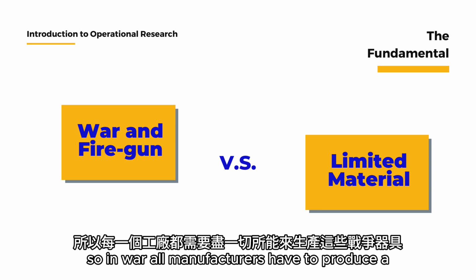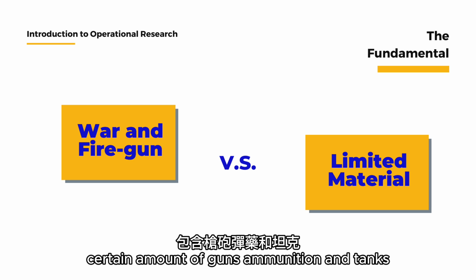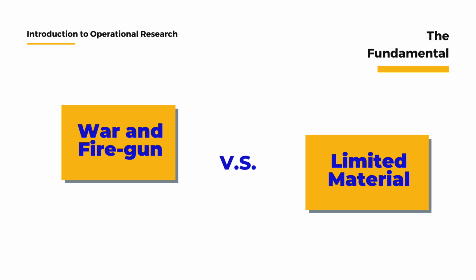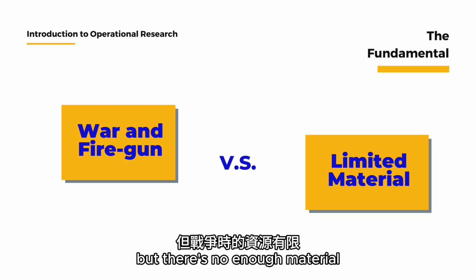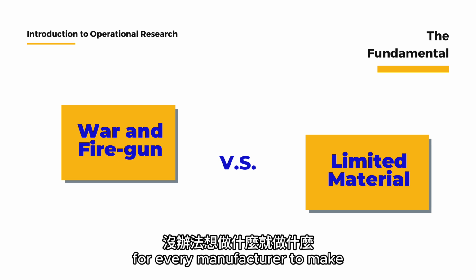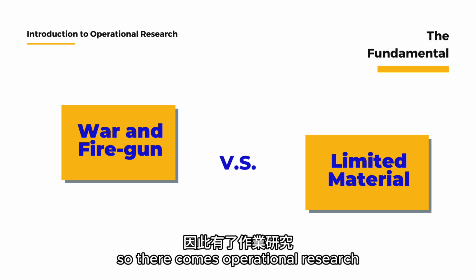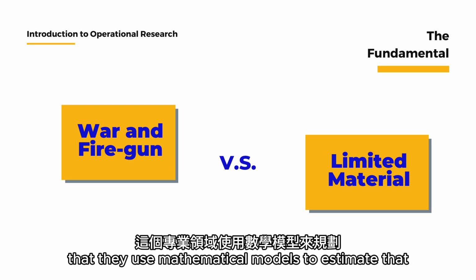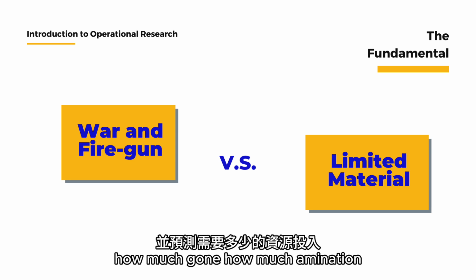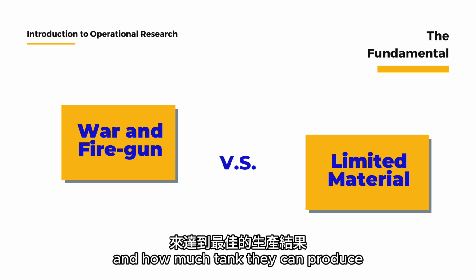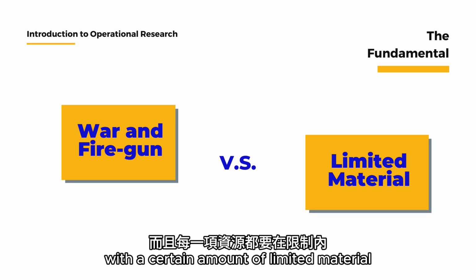So in war, all manufacturers had to produce a certain amount of guns, ammunition, and tanks. But there was not enough material for every manufacturer to make every tank, ammunition, and gun as they wished. So operational research came in, using mathematical models to estimate how many guns, how much ammunition, and how many tanks they could produce with a certain amount of limited material.